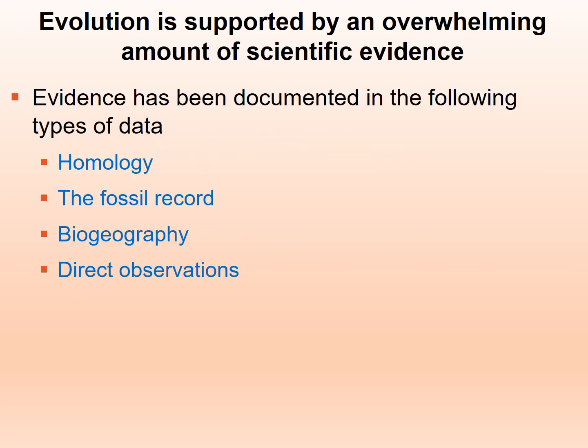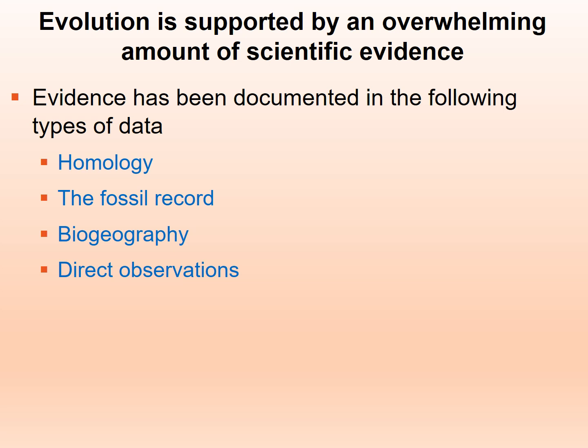In summary, evolution is supported by all types of scientific evidence, and this evidence has been documented in these types of data. Homology, homologous and analogous structures. Basically, homology allows us to document evolution in terms of creating a phylogenetic tree or evolutionary tree, because of similarities based on descent. And then the fossil record, of course.